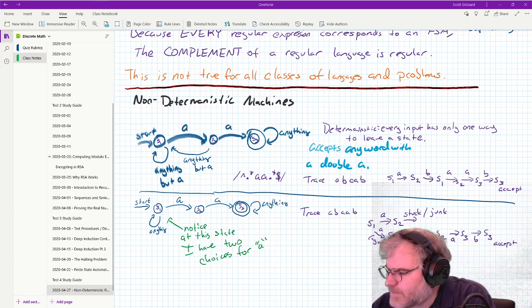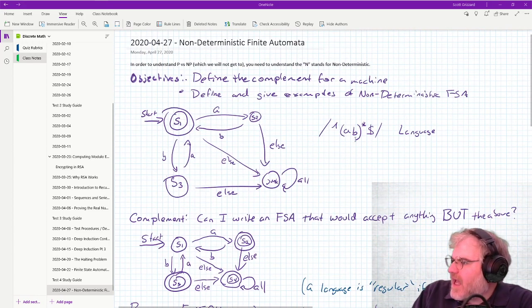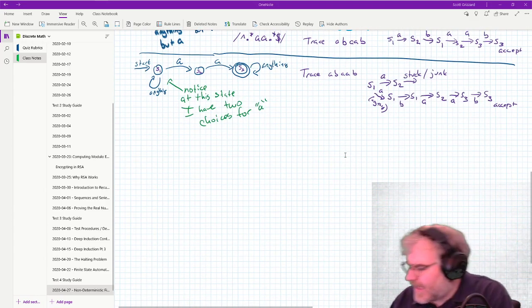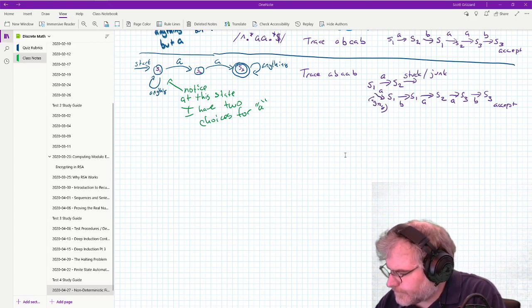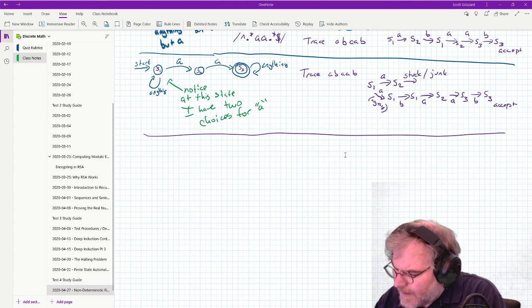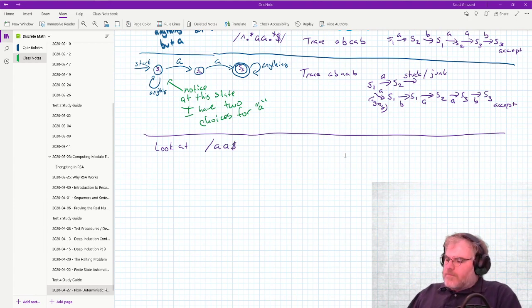Now, this gets us back to the question we had about this OR business, and it also gets us back to these terminal initials. What if I instead, let's look at the language: anything followed by AA at the end.